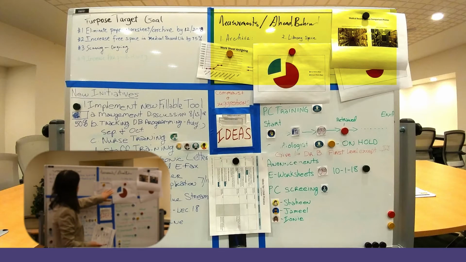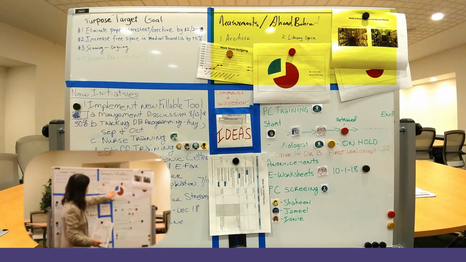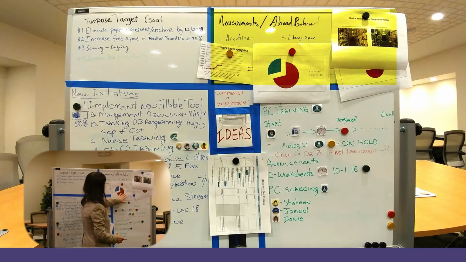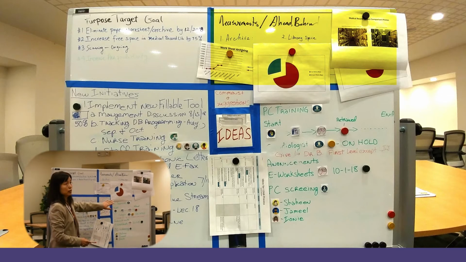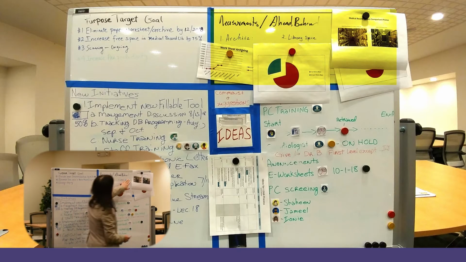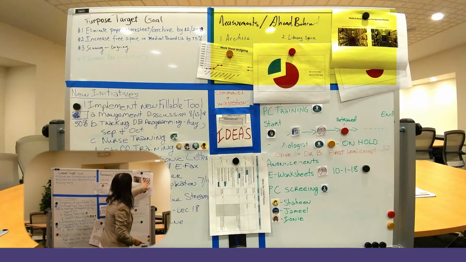And so we created some visual representations, and this is a pie chart of the library. We're measuring the empty space in the library. I took photos recently, and it shows how full it is, and then we have some empty space there.